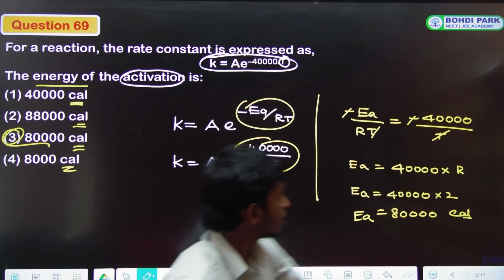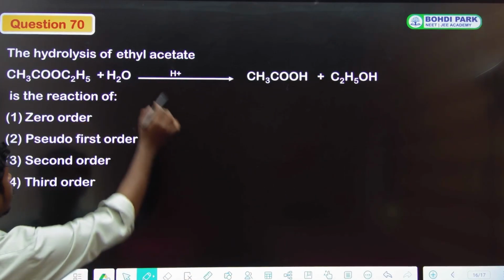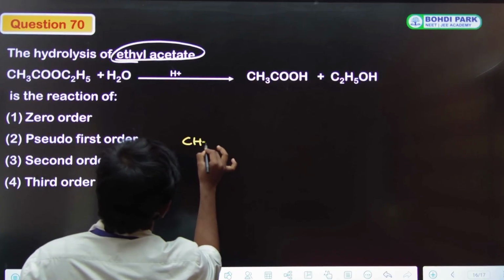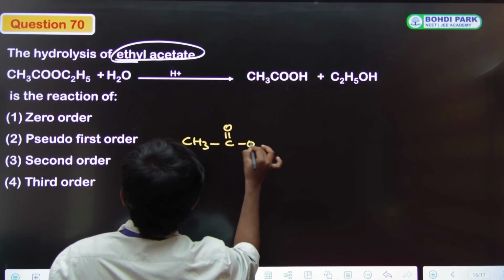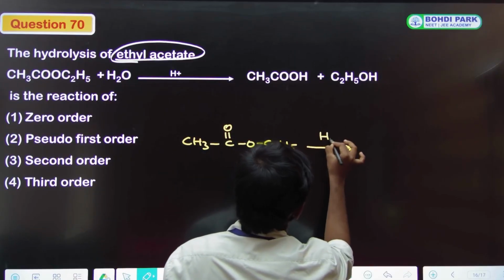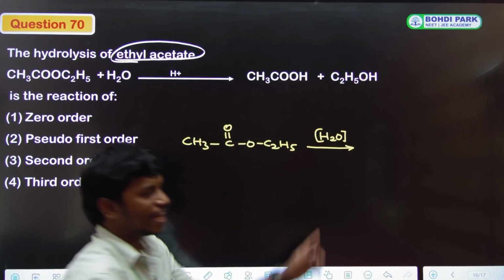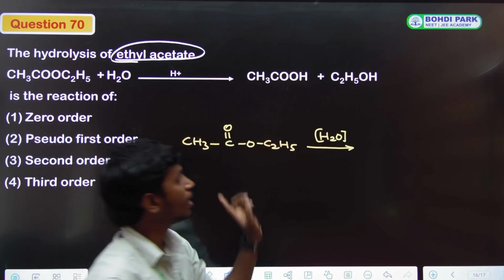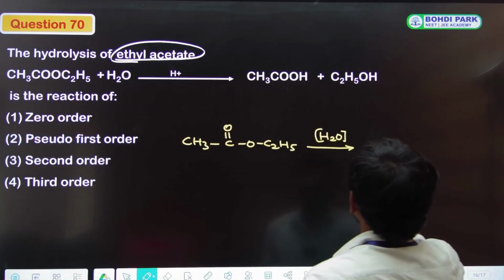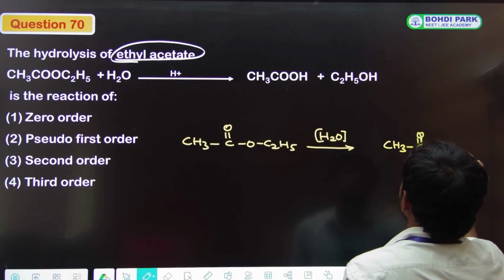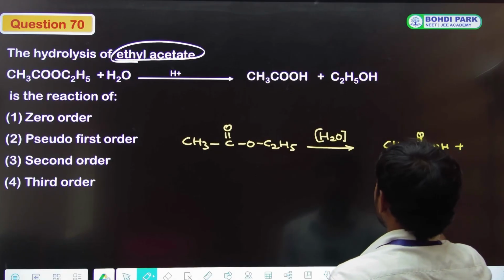Then the next question is the hydrolysis of ethyl acetate. What is the ethyl acetate formula? CH3 C double bond O OC2H5. I am doing hydrolysis of ethyl acetate. Hydrolysis means I add excess of water. Usually it is a bimolecular reaction, but if excess water is used, it will change into a first order reaction.